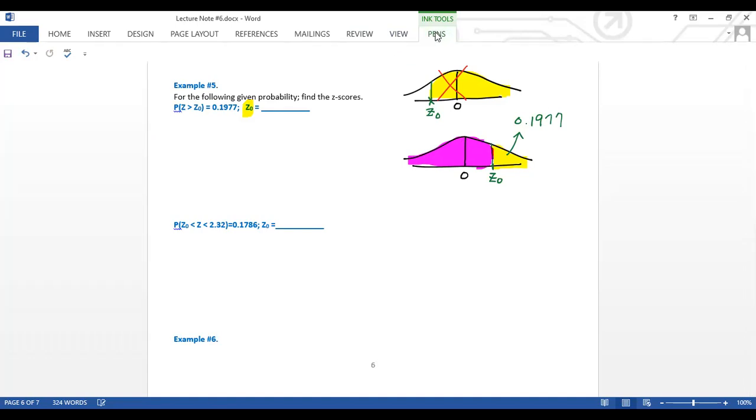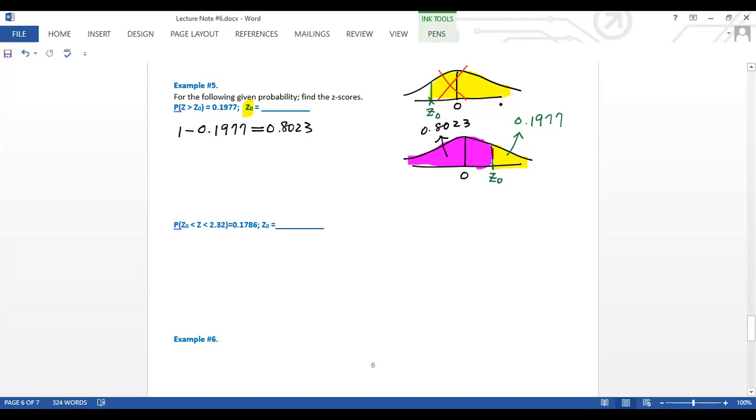So I need to find the left-hand side area. The whole thing is 100%, so my purple area will be 1 minus 0.1977, which is 0.8023. So this area is 0.8023. Now I'll be able to find it.